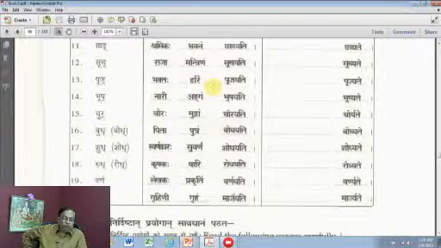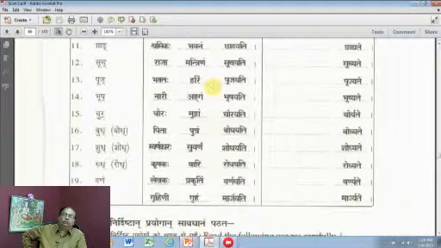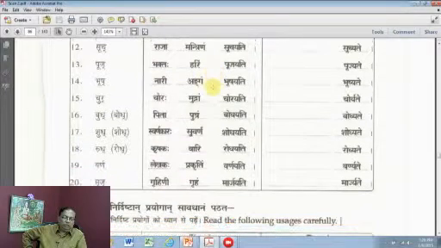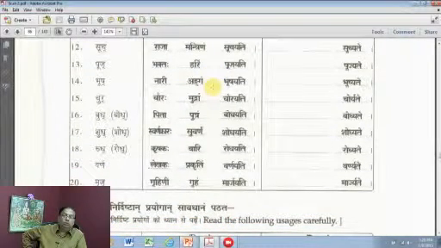Then we have Puja, to worship. Bhaktaha Harim pujayati. Bhaktena Harihi Pujyate. Hari is worshipped by a devotee. 14. Bhusha. Nari Angam Bhushayati. A woman is decorating her body. Anga here means body.